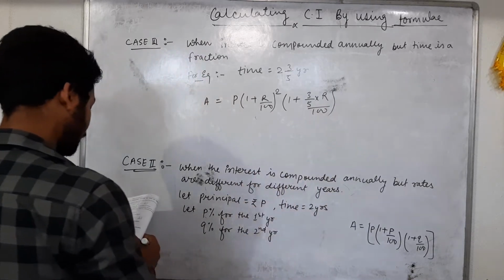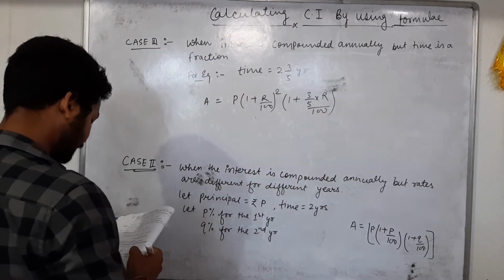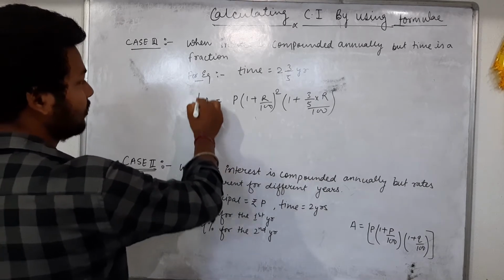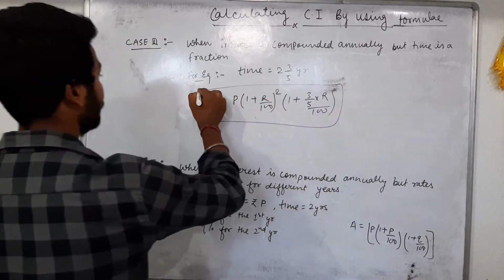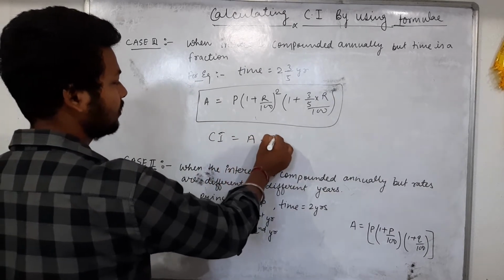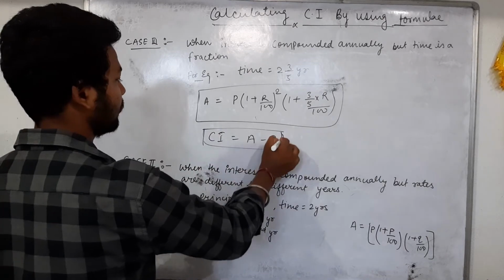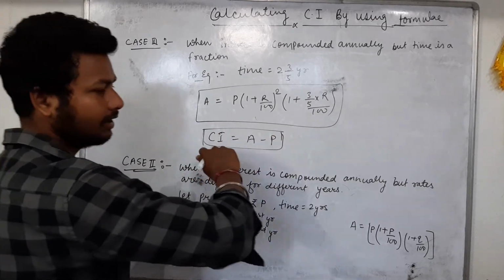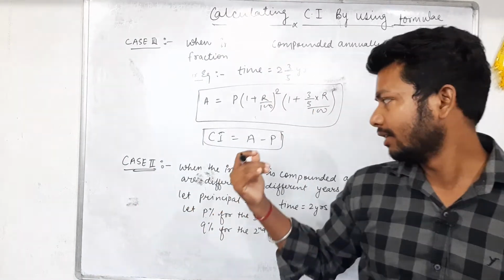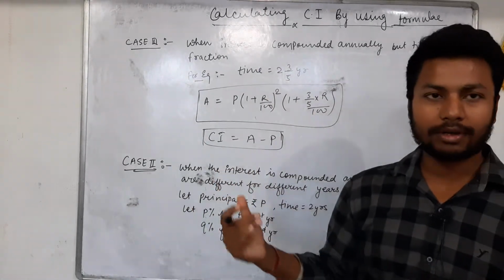So the formula for the third case is this, to find out the amount. From here you can calculate the compound interest, that is amount minus principal. On solving from here you will get the amount, and after that you will put the value over here and you will get the compound interest.